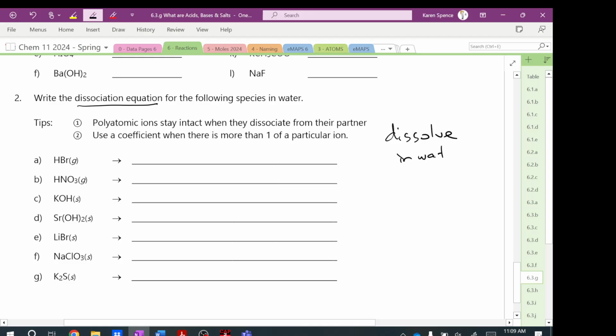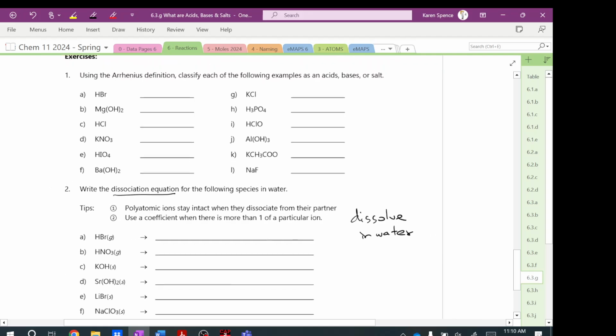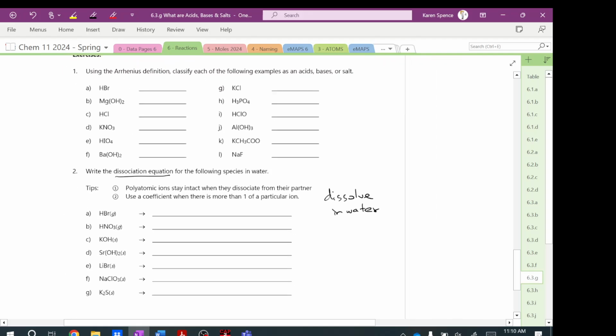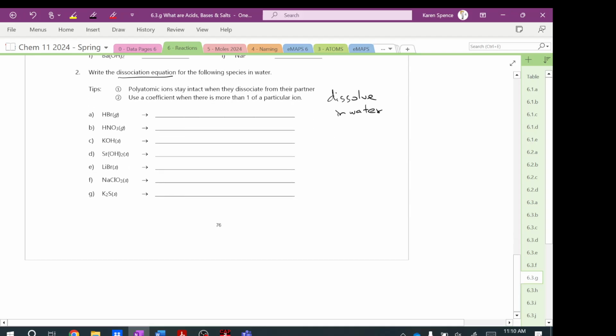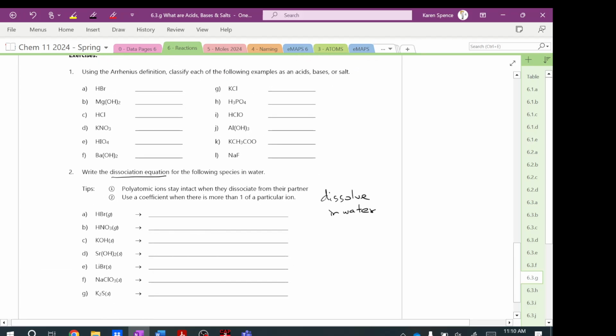By the way, polyatomic ions don't split apart, they just stay intact. So OH stays as OH. CO3 stays as CO3. Okay, don't try and split up NO3 into N's and O's. It's just NO3. Okay, so give those ones a go. So that's on page 76.